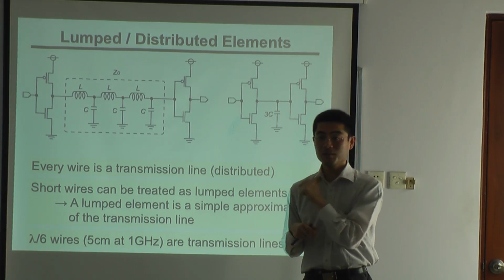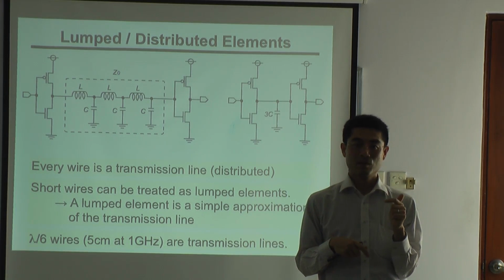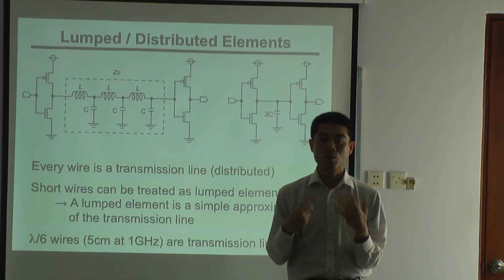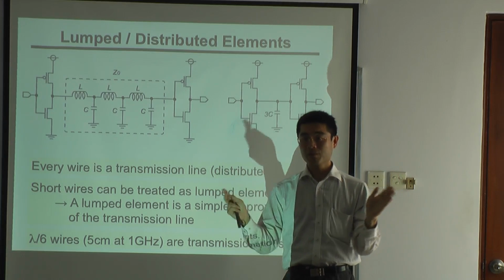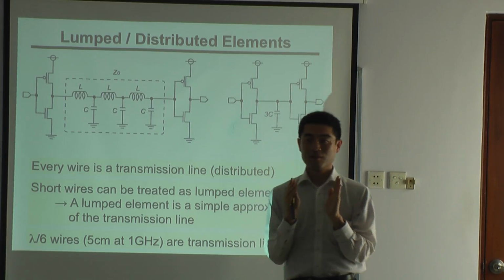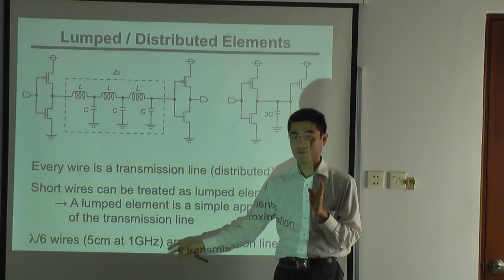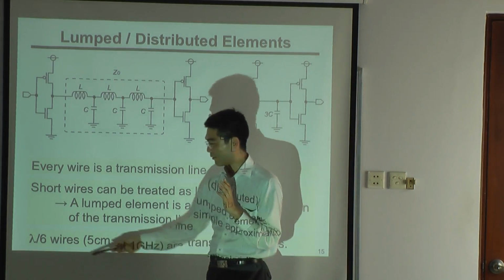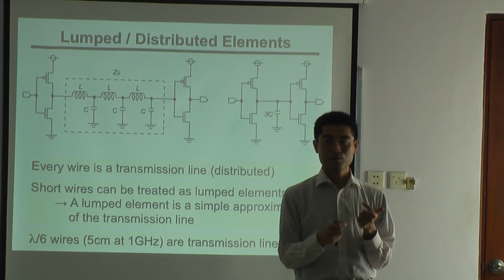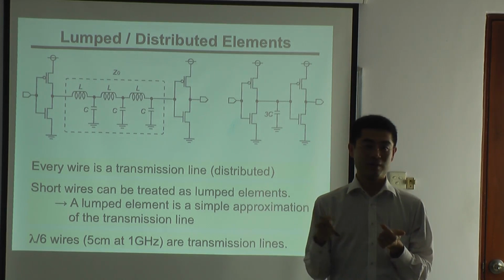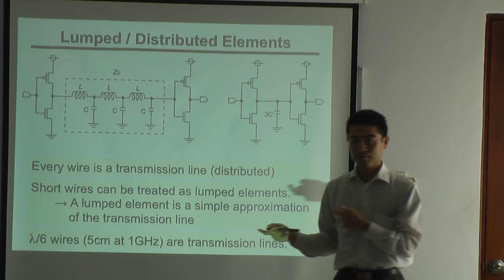In PCB boards, usually we use FR4, whose permittivity is about 4. So the wavelength becomes half. On a PCB board, with a communication frequency of 1 gigahertz, for wires less than 3 centimeters you can ignore the reflections and treat it as a capacitance.